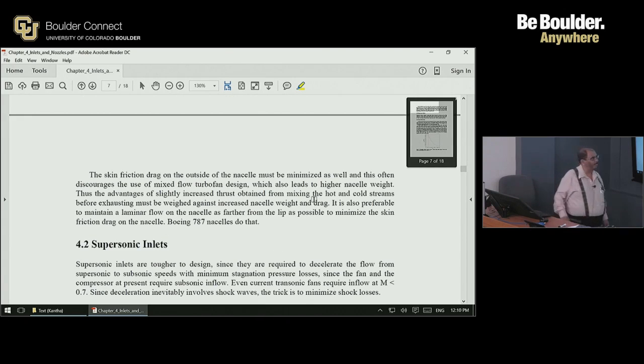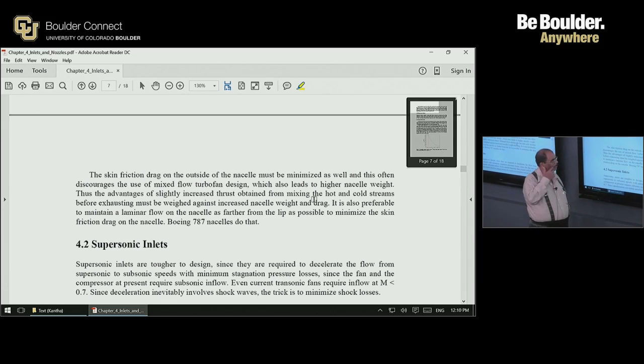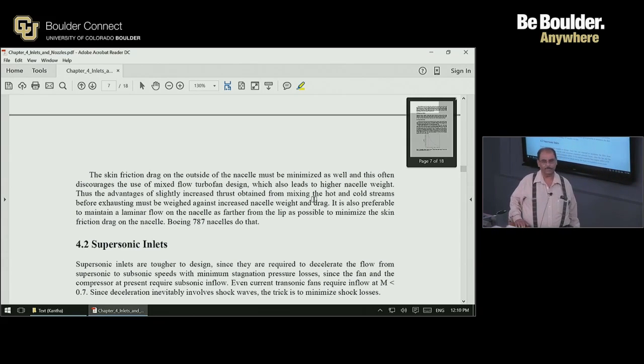Now, the drag on the outside of the nacelle is not only pressure drag, where things like the presence of shock waves come in, but it's also skin friction drag. Let's assume that the shock wave on the outside of the nacelle is sufficiently weak so that it does not separate the boundary layer.